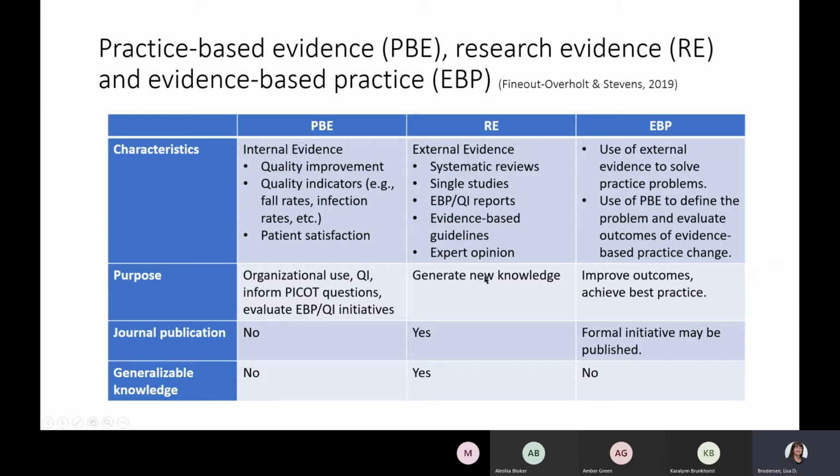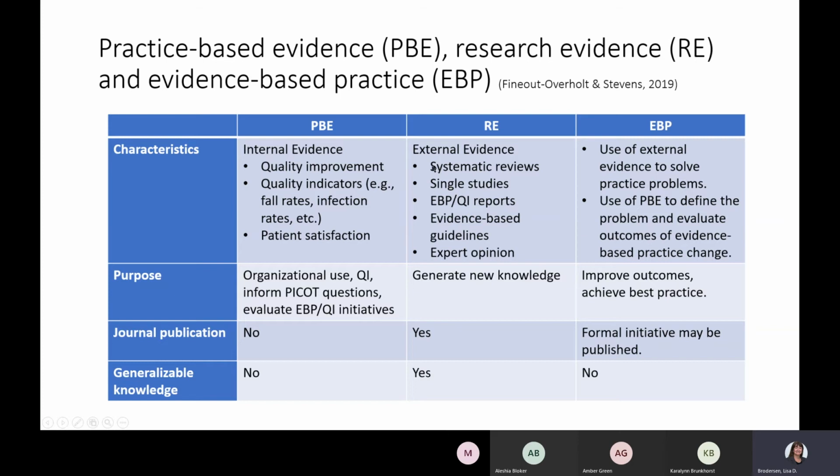Now, research evidence is external evidence, and it can come in the form of systematic reviews and reports of single studies. It could also include EBP QI reports, evidence-based guidelines, and expert opinion. So those are types of external evidence.